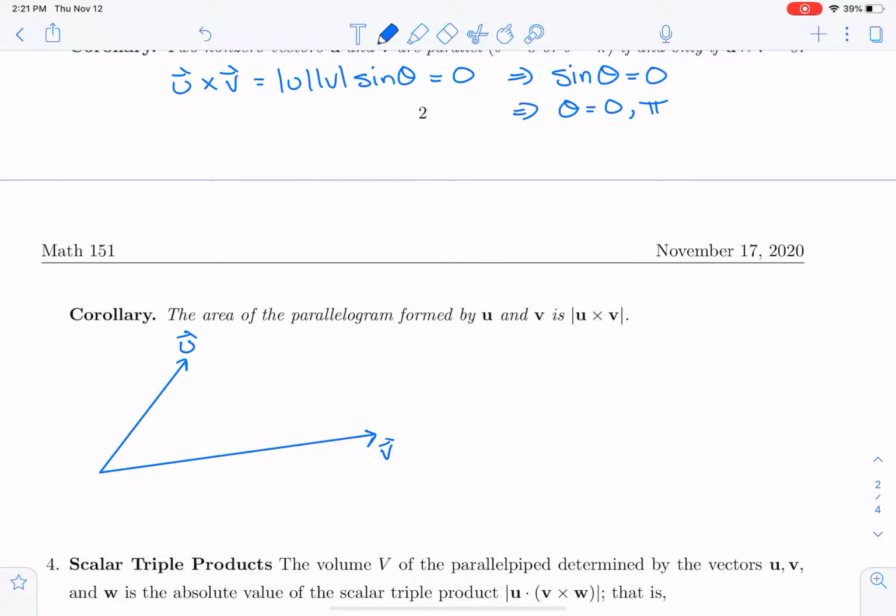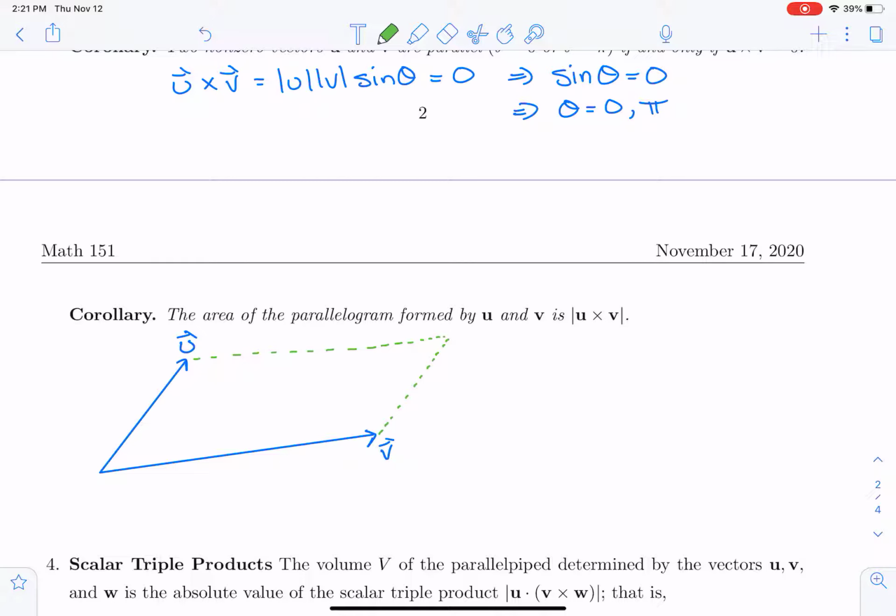And then I'm going to form a parallelogram using those two vectors. This is not unlike the parallelogram that I drew when we were adding two vectors together. So let's pretend that's a nice looking parallelogram. Okay, and I want to find the area of the parallelogram that is formed by those two vectors.